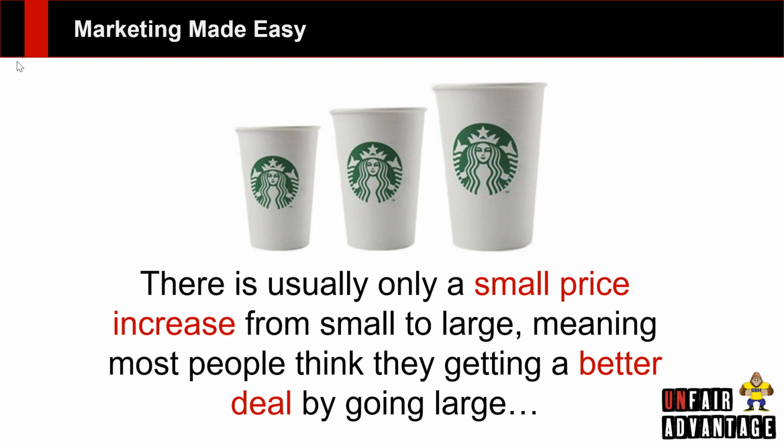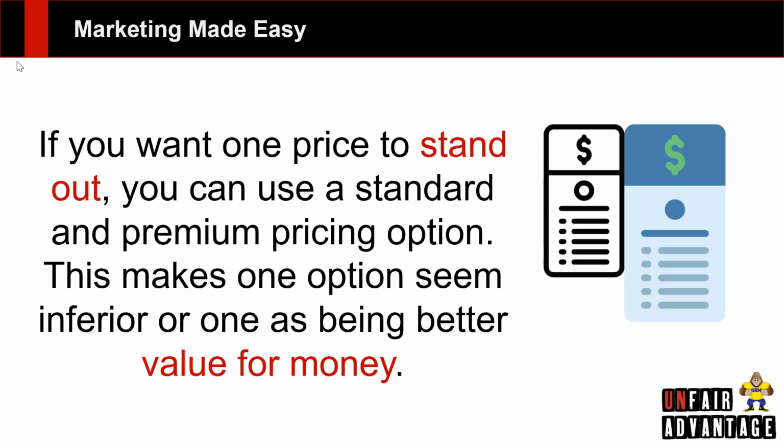And most people go for the large because they think they are getting a better deal. So you can look to put this into your offering. It could just be that you offer something extra and something extra. If you just had that one price, for example, you could break it down into 3 different prices where it just looks like the large is better anyway, so it looks like they're getting better value.